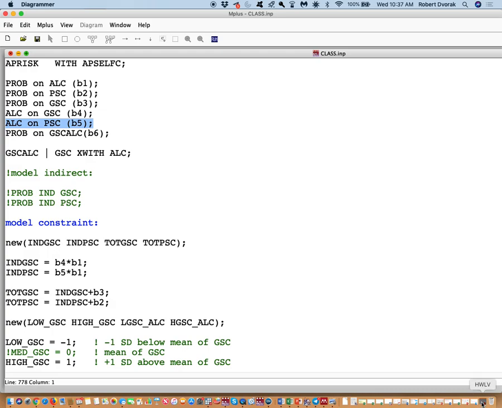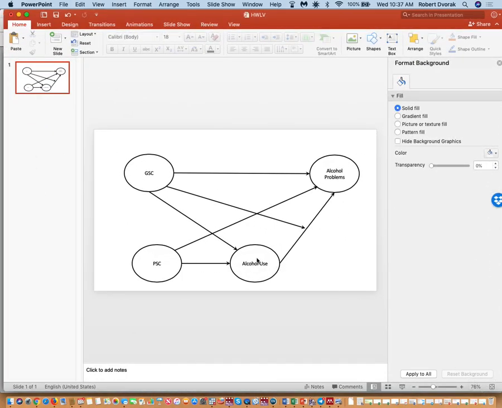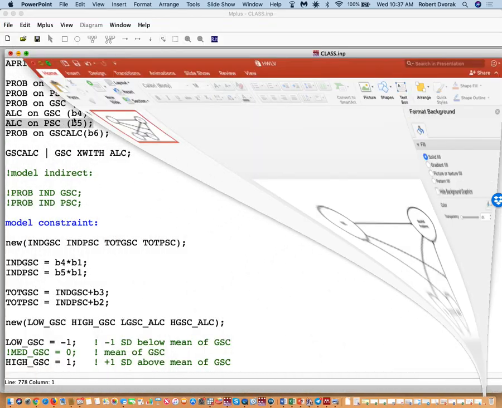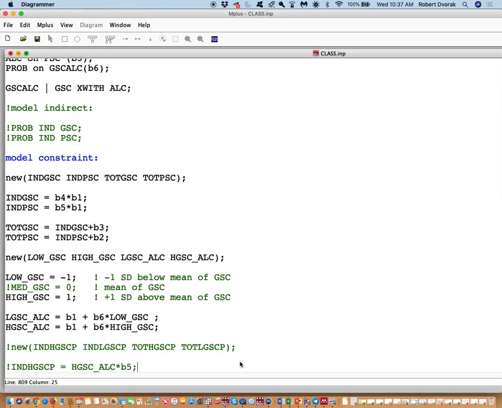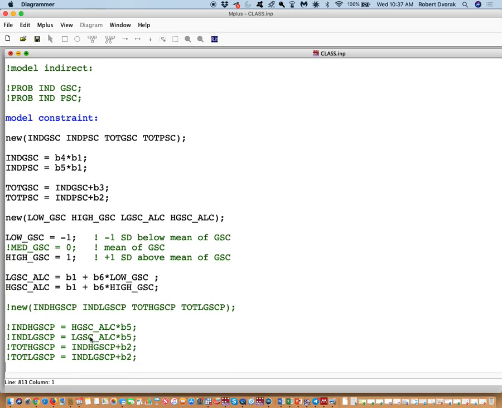Remember, I said we have to look at this indirect effect, poor self-control to alcohol use to problems, when good self-control is high and when good self-control is low. So we're multiplying that by B5. We're also going to multiply B5 times that slope when good self-control is low.